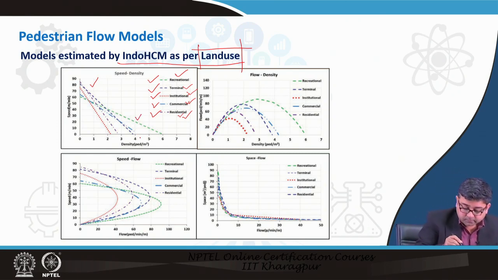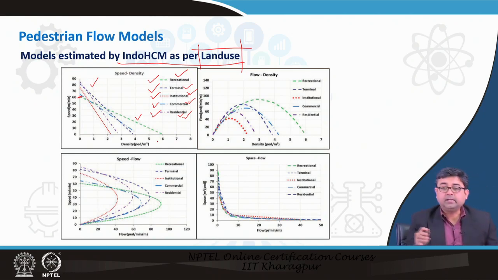For the recreational model, the slope is very gentle and the free flow speed is much less than for the others. That means people usually want to walk very leisurely, very slowly along footpaths abutting recreational facilities, whereas for the other ones they usually walk faster. Similarly, the other relationships are depicted here.